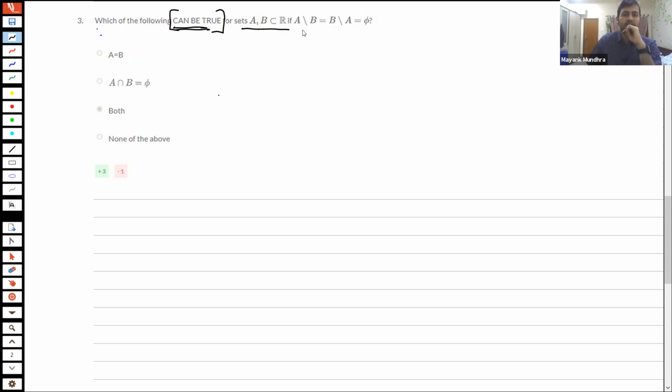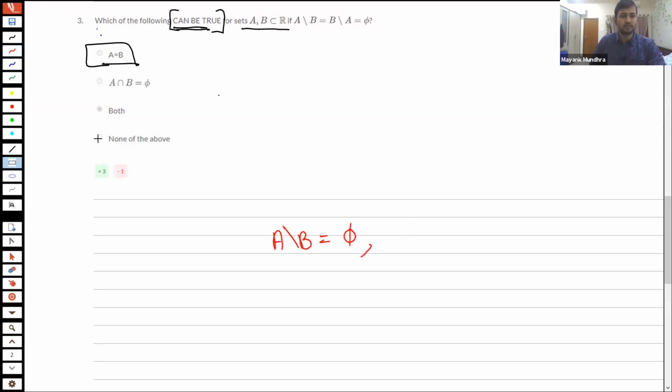Now it's saying that both set A minus B and B minus A are null sets. When A is equal to B, then obviously this is true, because then set A minus B is equal to the null set.